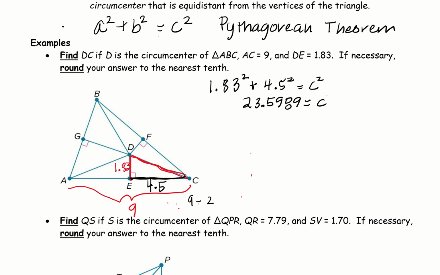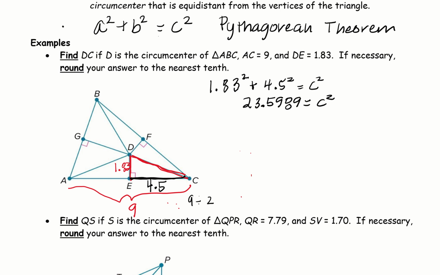You can put that in your calculator and see what you get and make sure it's calculating right, especially on my blue calculators. For 1.83 squared, we use the little caret button for the squared, plus 4.5 squared, and then just hit enter. You should get 23.5989.